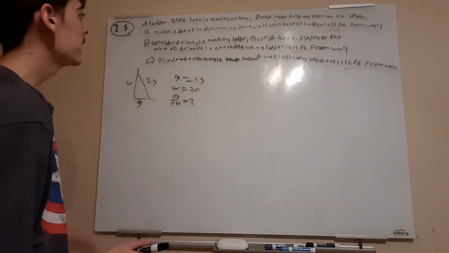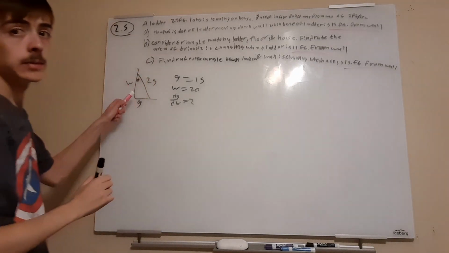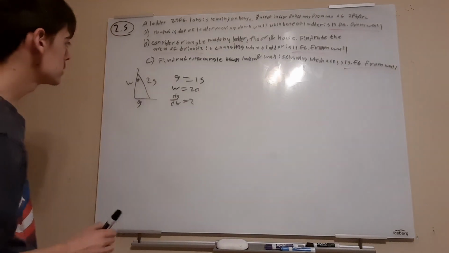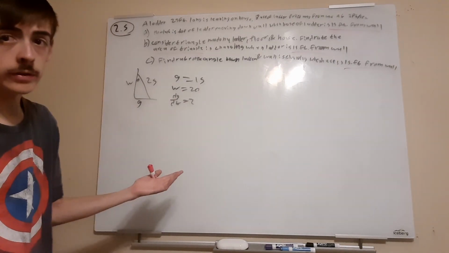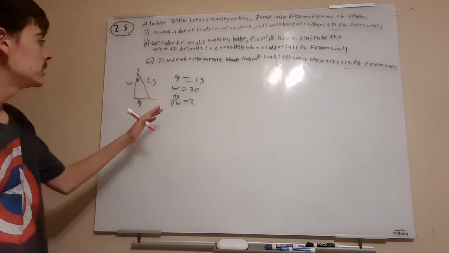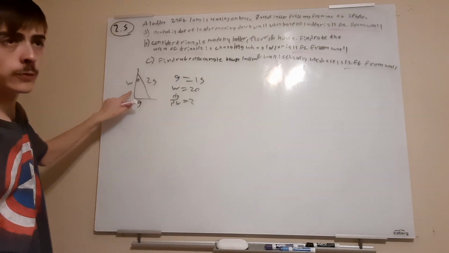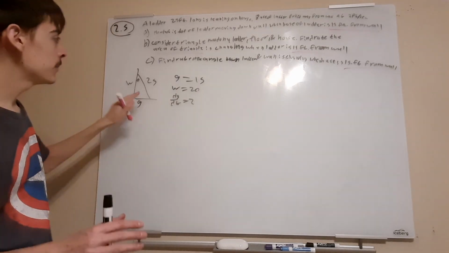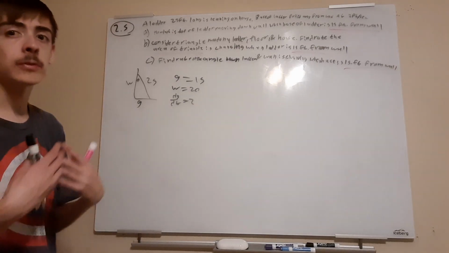So the angle between the ladder and the wall is going to be this angle right up here at the top. Because we have theta, it's going to be another one of those trig ones. An important thing here, we do have a value for W, but we solved for that value. So if possible, for these trig ones, you want to use values that were provided to you.